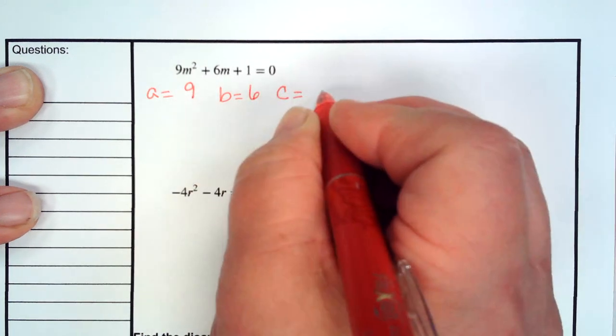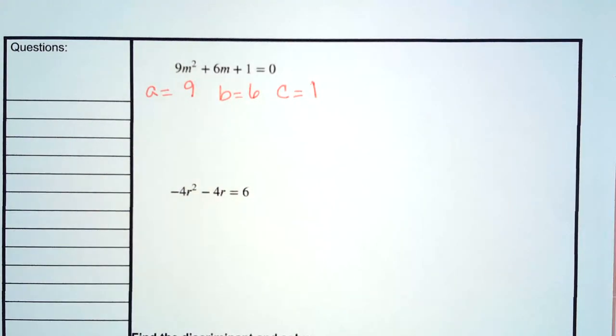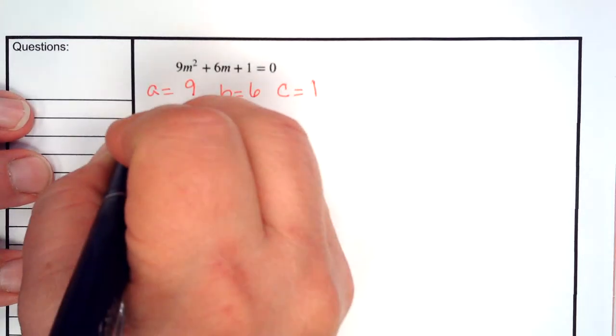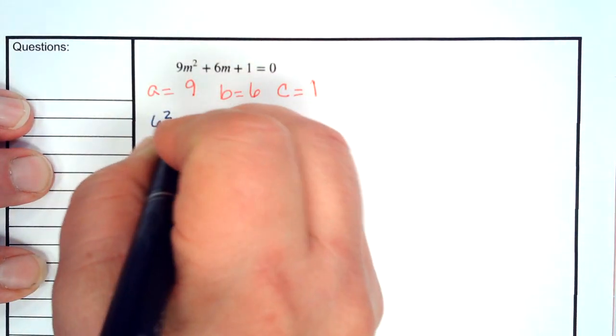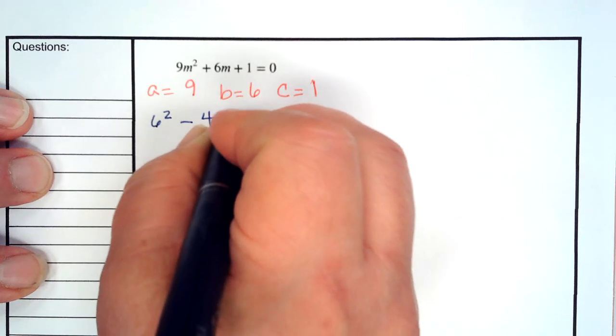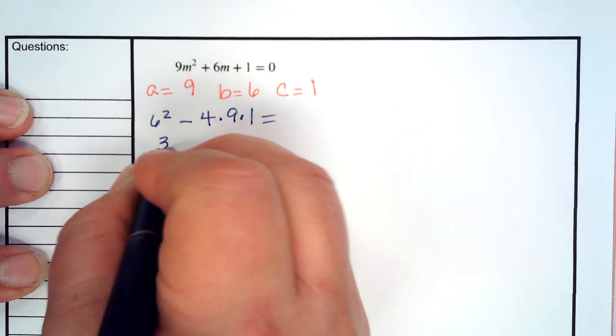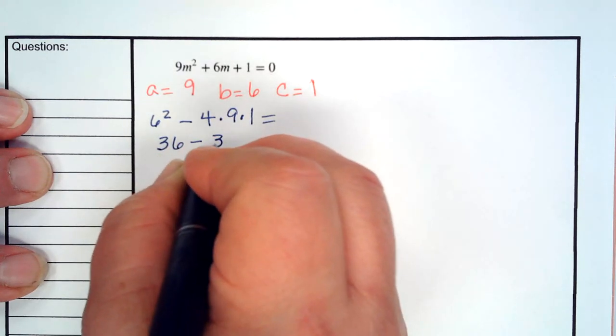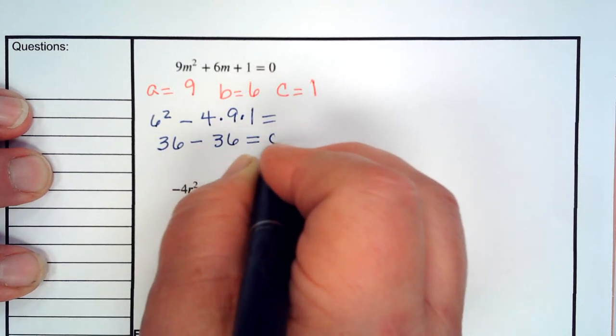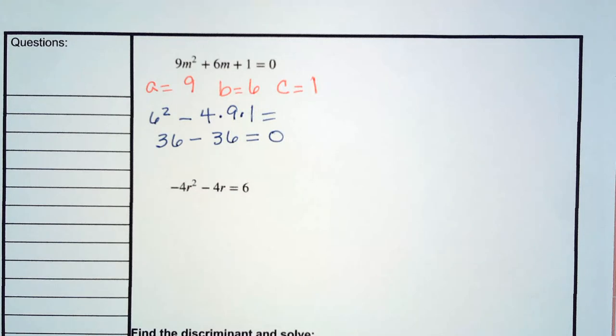So this is 6, and c is 1. Putting it all together, 6 squared minus 4 times 9 times 1. 36 minus 36 is equal to 0. If it's equal to 0, how many solutions? Just one.